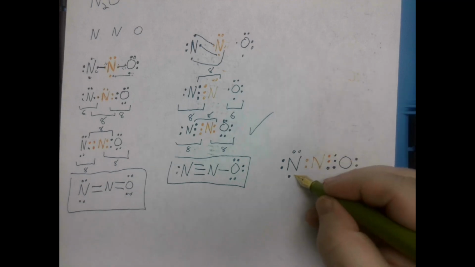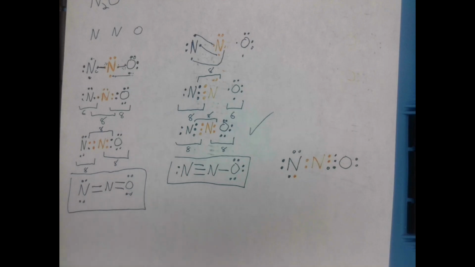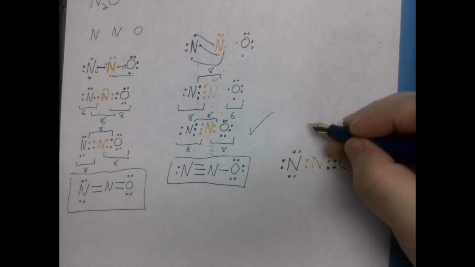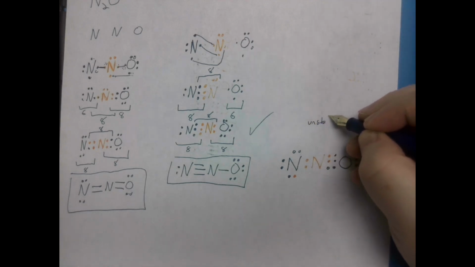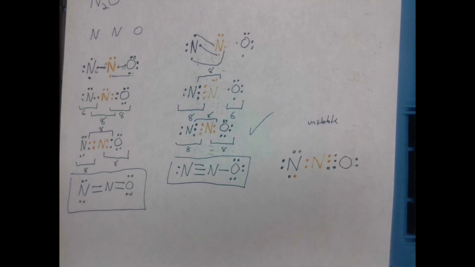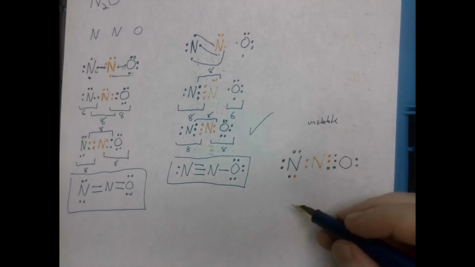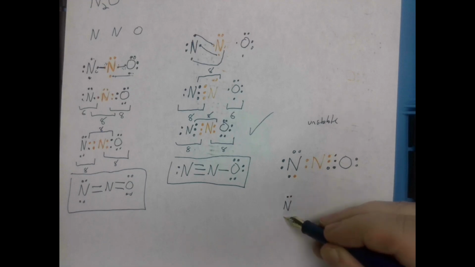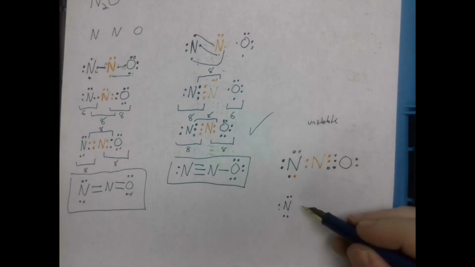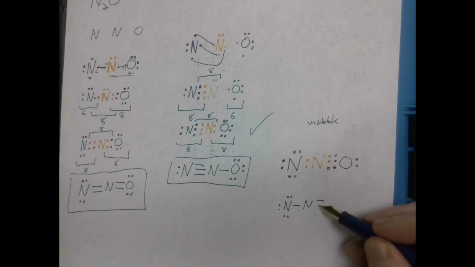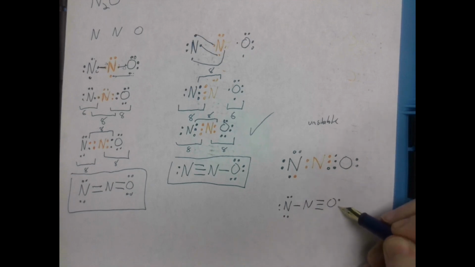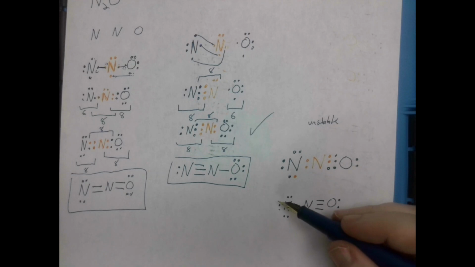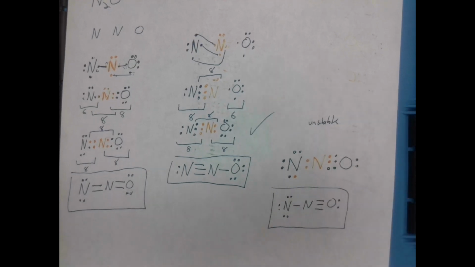And here's a little ionic bonding, where the middle nitrogen gives up. This is the only example I can think of where this happens. This is actually unstable anyway. It is a possible solution, but it's the most unstable. So nitrogen, single bond with nitrogen, a triple bond with oxygen. This is a possible solution.